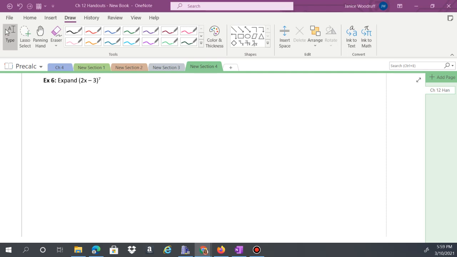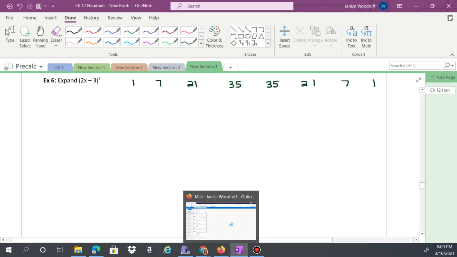Okay, so that is the 7th row. Is that the one you guys have, 1, 7, 21, 35? Got that? Okay, so write down that row. Okay, so that's the row we're going to use.